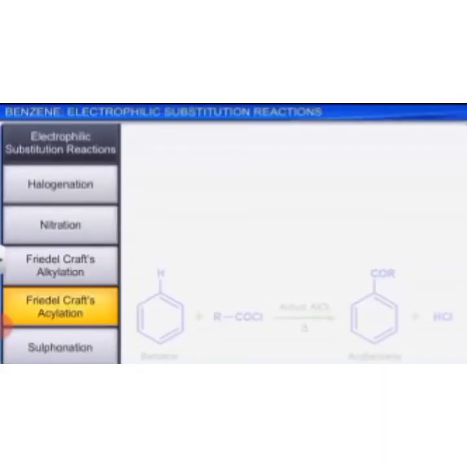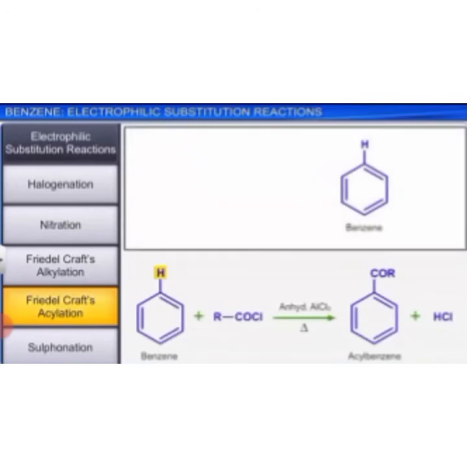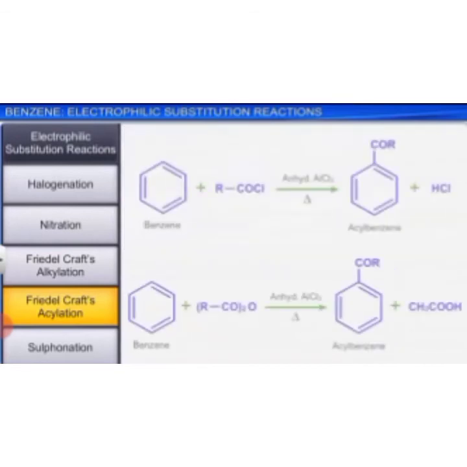Now let's look at the acylation reaction. When the hydrogen atom in a benzene ring is replaced by the acyl group, it is known as acylation reaction. When benzene is treated with acyl halide or acid anhydride in the presence of anhydrous aluminium chloride, benzene forms acylbenzene.